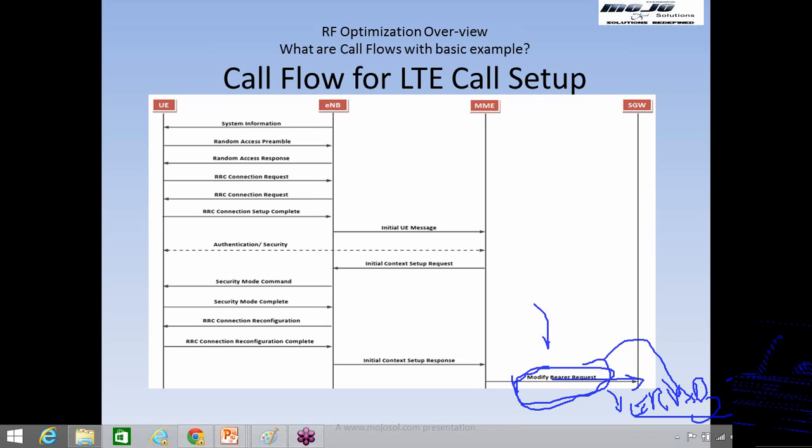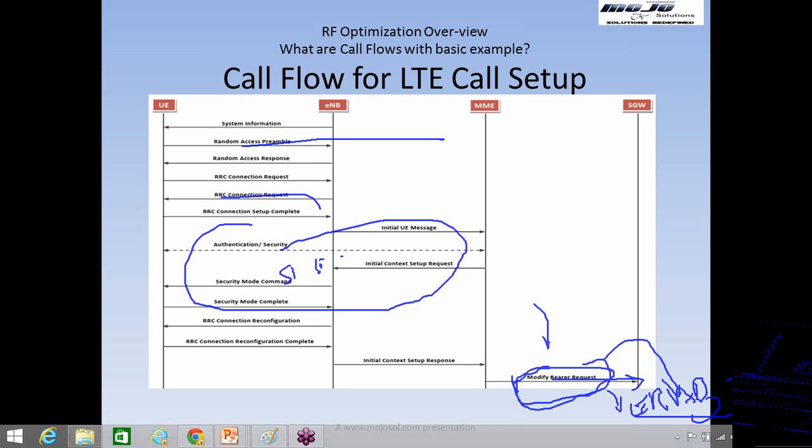Before that, you did not have any traffic channel on the air interface when you were in idle. But when random access was done and RRC was established, this is all part of S1 signaling. That's what I'm saying: ERAB theoretically is not in dedicated mode only.